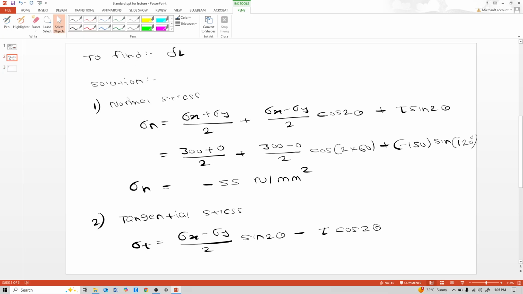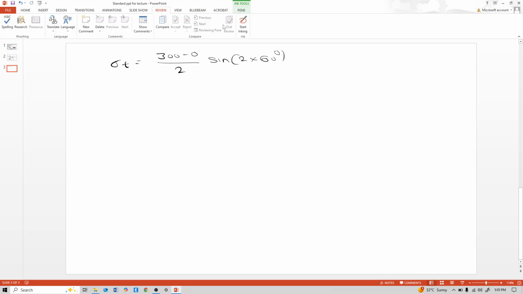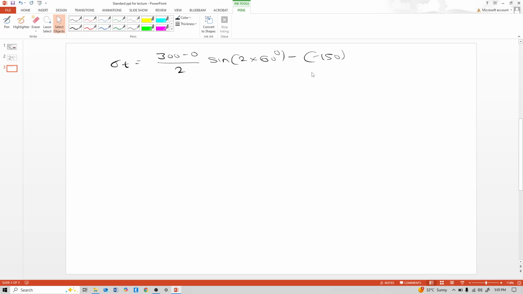Therefore sigma t is equal to (300 minus 0) upon 2 sine of 2 into 60 degrees, minus tau cos of 2 theta, minus of minus 150 cos of 2 into 60 degrees. The tangential stress is 54.9 Newton per mm square.